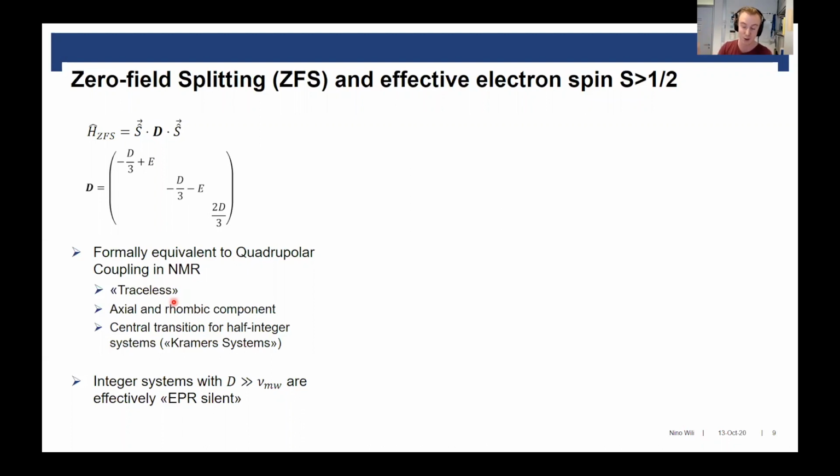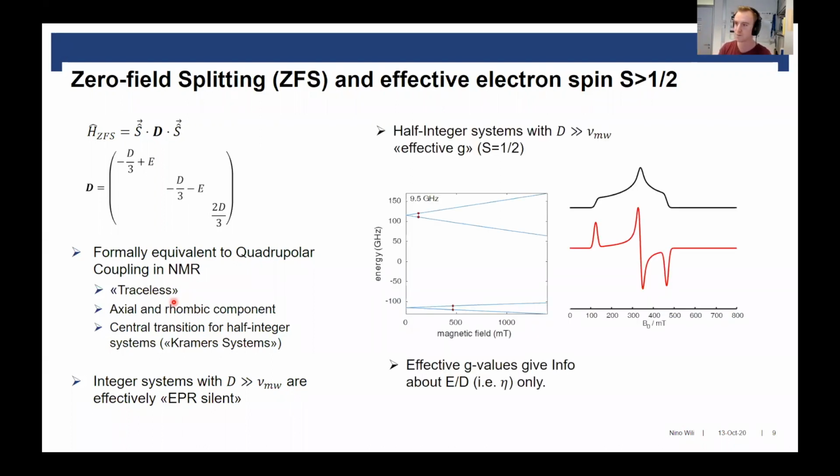Of course, if you go to higher frequencies, this might change. For half integer systems, if the zero field splitting is much larger than the microwave quantum, you can get things like effective g values.